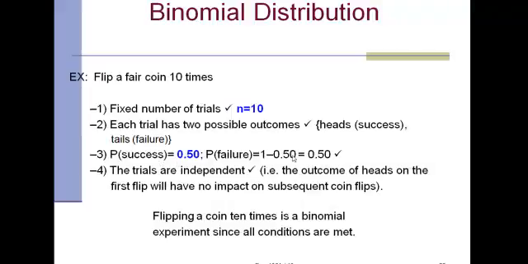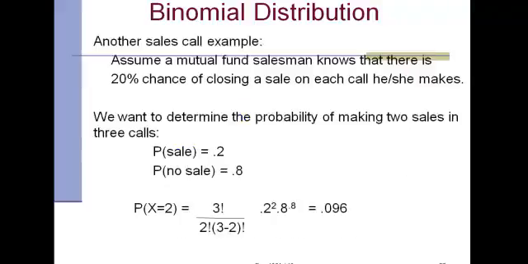So that means the probability of failure is 0.5. The trials are independent. And as it says here, the outcome of heads on the first flip will have no impact on the subsequent coin flips. So flipping a coin 10 times is a binomial experiment because we've met all the conditions: fixed number of trials, two possible outcomes, probability of success and failure, and independent trials.